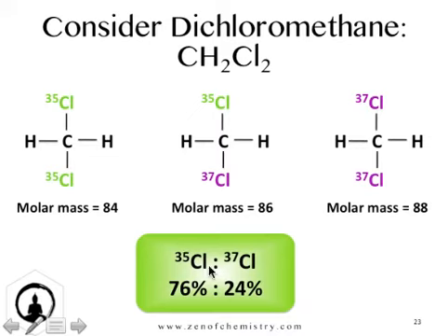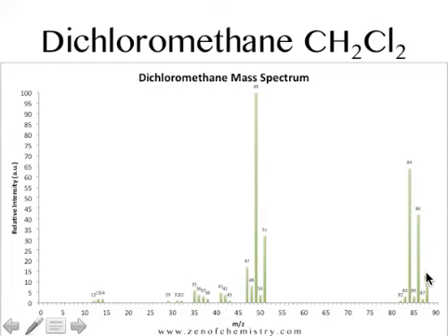There's going to be way more chlorine-35s, so this is going to be our most abundant dichloromethane isotope. This one will be next because there's still lots of chlorine-35s, and because we've got chlorine-37s here, they're only 24% each, this is going to be our smallest peak. So largest, smaller, smallest: 84, 86, 88. That's the pattern that we see there.